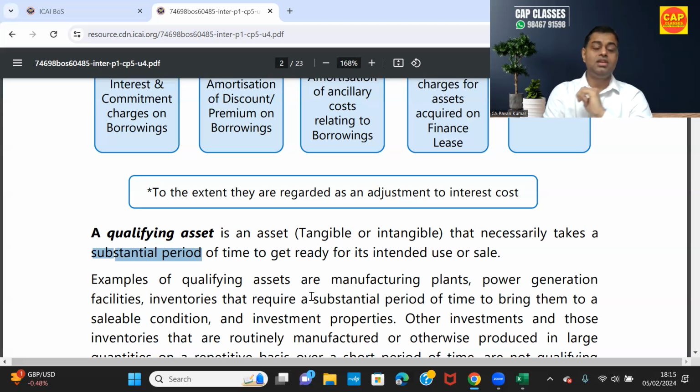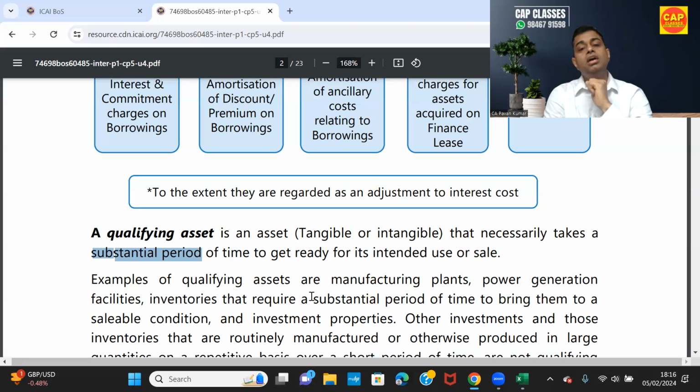Point number two, when you remember Accounting Standard 10, they said all the expenses incurred till the asset is ready for its intended use can be capitalized. It includes borrowing cost also. Accounting Standard 10 clearly mentioned, Accounting Standard 26 clearly mentioned, you can capitalize borrowing cost. This is the second issue.